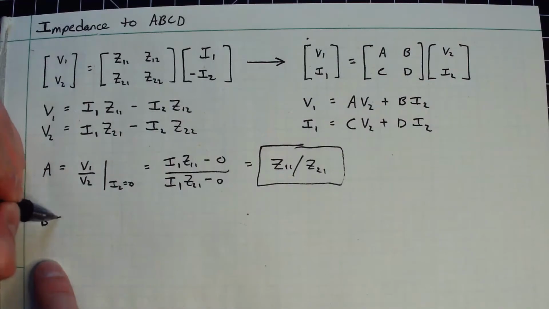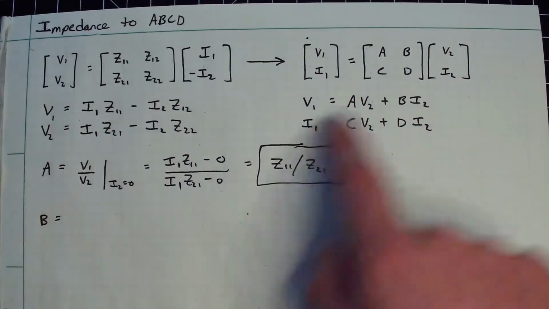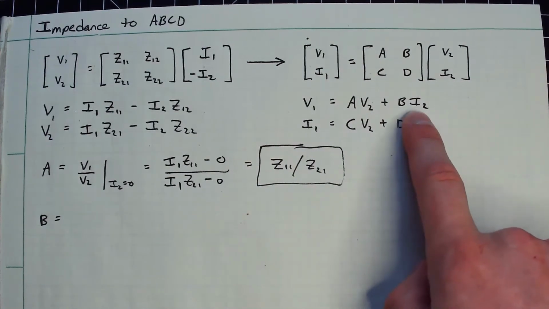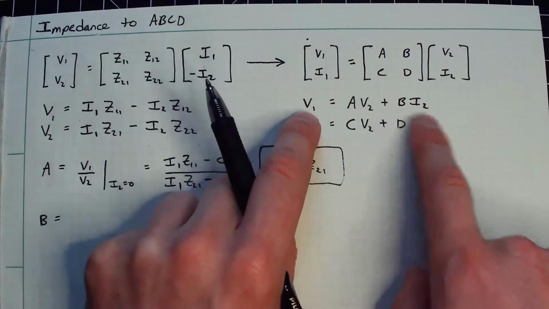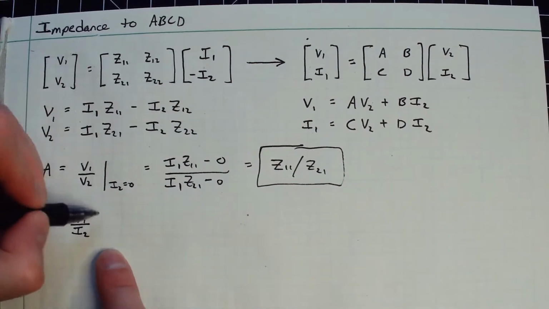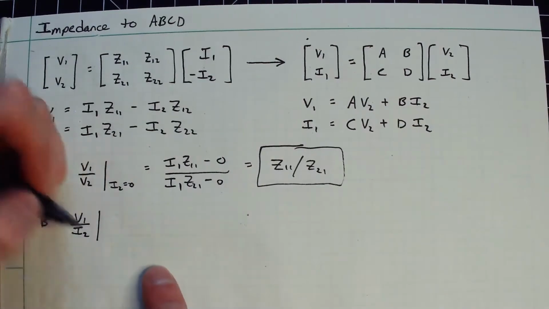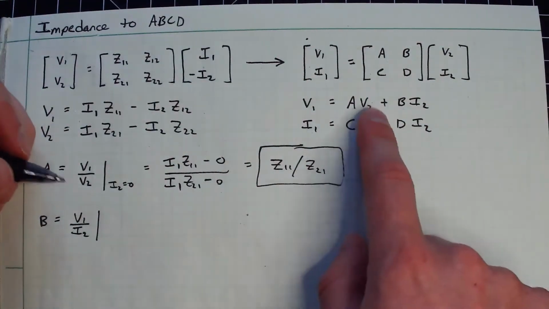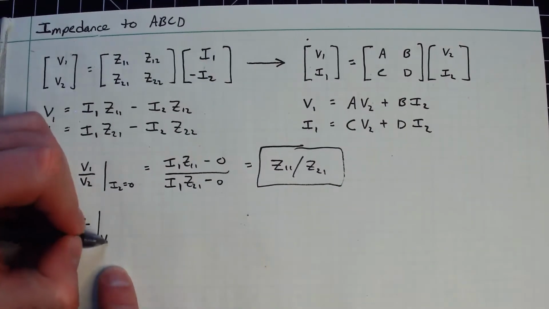For example, B is equal to, over here, I can set this guy to 0 by shorting out that port, but there could be a current there, so it would be the ratio of V1 over I2 subject to the condition that V2 equals 0.